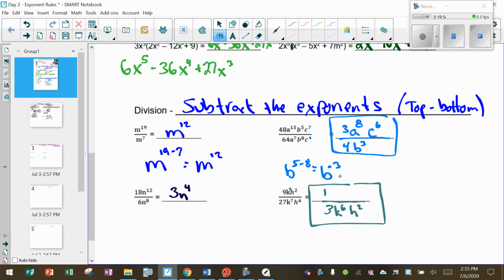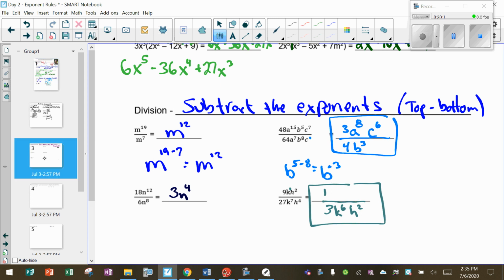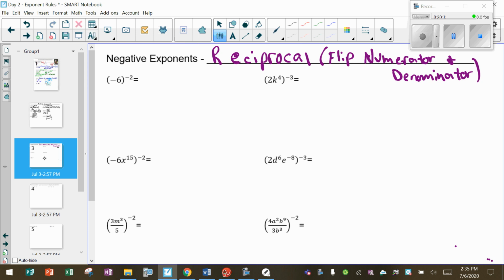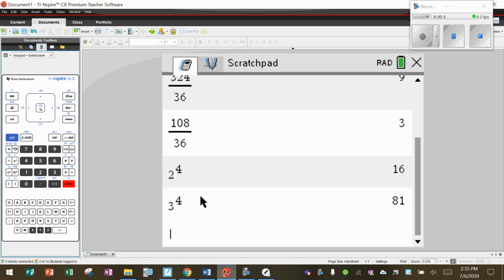As I wrote it there, I did not put it in a fraction, which technically means that this would be b to the negative 3 over 1, but then I switched it and put it in the denominator, almost like flipping it. That might not make any sense the way I just explained it, so let me show you what happens. On a calculator, we can do this with numbers. It does not work with variables, but it works with numbers.